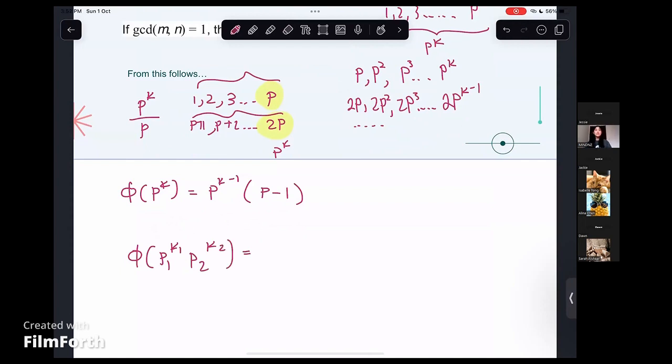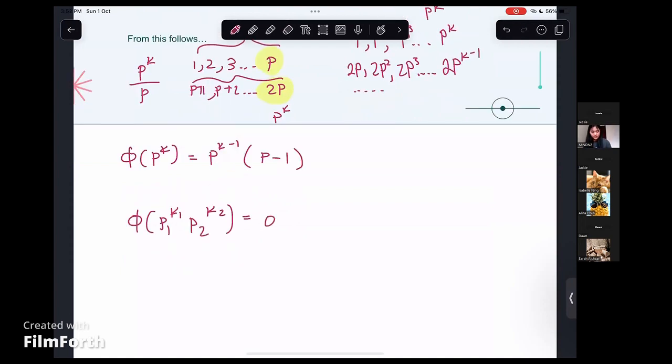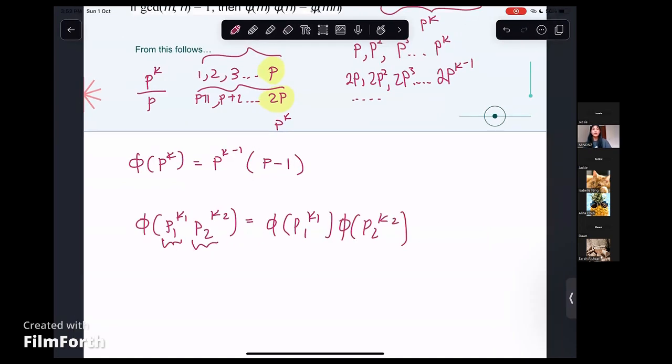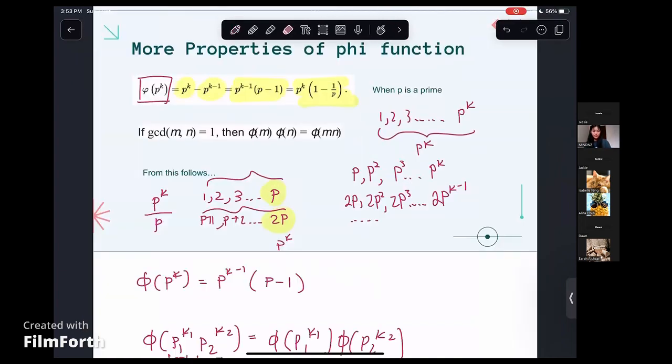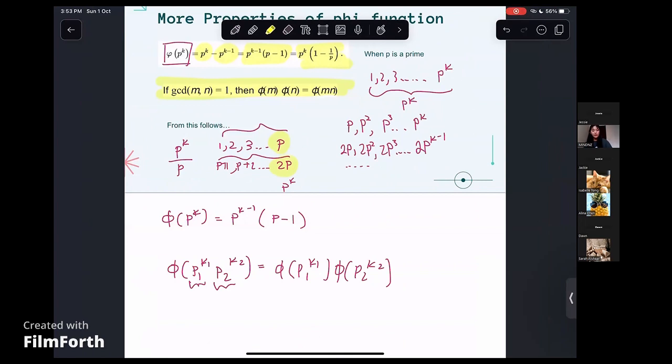We can write it as, actually, as long as these two are co-prime, we can write it as something like this. Right, so we can split it. So that's what the second property is sort of talking about. So if m and n are co-prime, we can write the phi function of mn as phi(m) times phi(n). Okay, does that make sense to everyone?